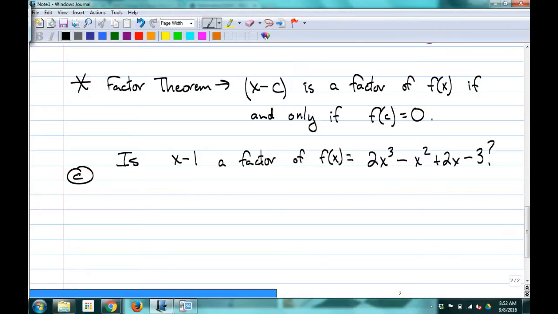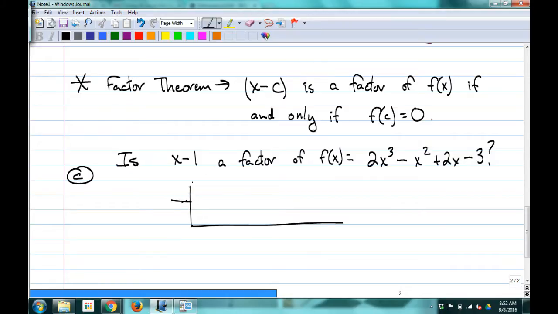We're going to use synthetic division to help us factor that larger polynomial. We could try grouping if we wanted to with that polynomial. It doesn't work. So this is where synthetic division is going to help us break down a polynomial. So let's use synthetic division to test that out.